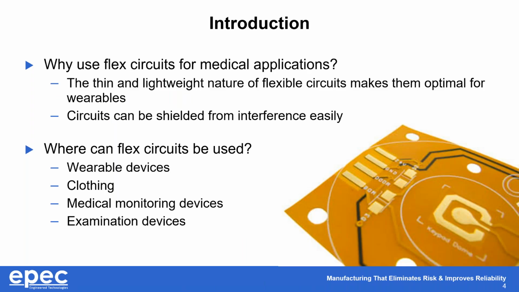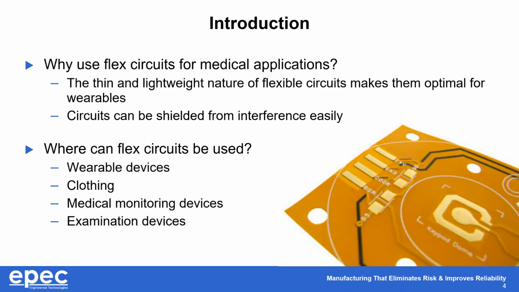As I said, they can end up being used in wearable devices, so things like wristbands, any form of tracking, anything of that nature for medical concerns, or they could be placed in clothing, so items that may be held close to the person and monitoring them that way, or even generic medical monitoring devices, such as ones they may place on somebody's head to measure electrical signals.